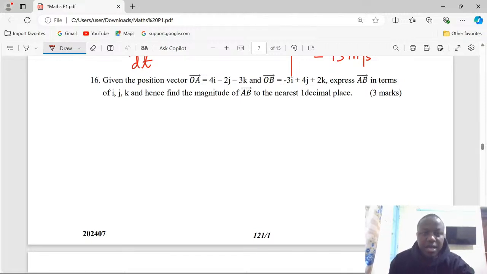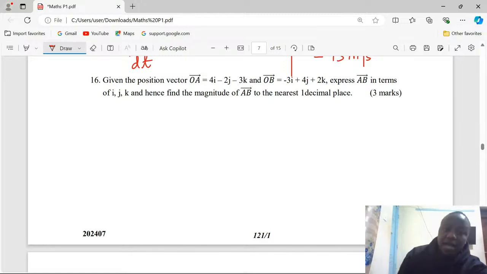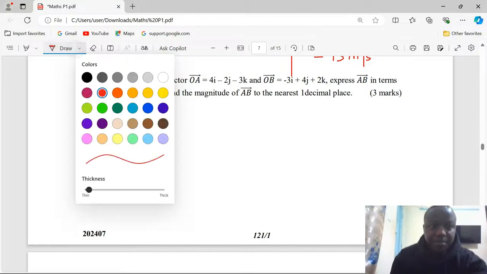Given the position vector of A is 4i minus 2j minus 3k, and the position vector of B as negative 3i plus 4j plus 2k, express vector AB in terms of i, j, and k, and hence find the magnitude of the same vector.